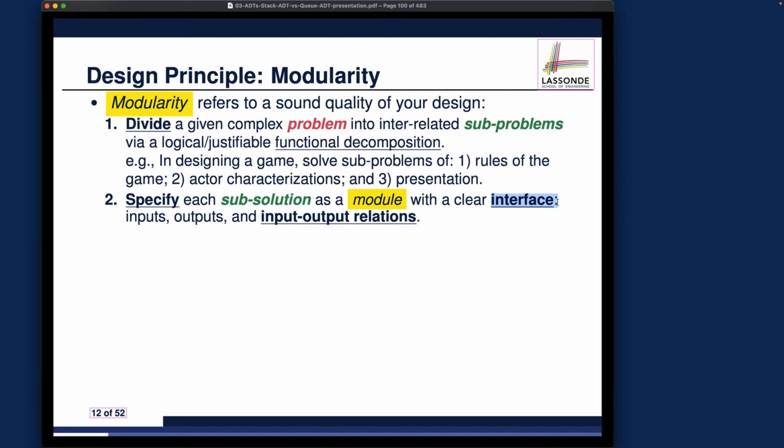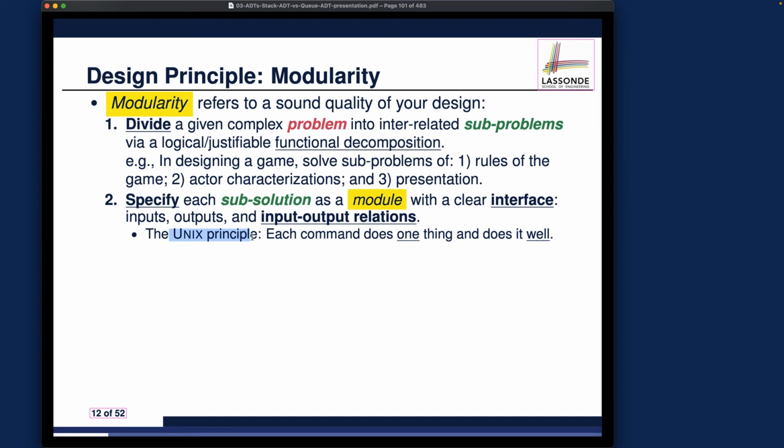A computational problem is well specified if you know exactly, number 1, what the inputs are, number 2, what the outputs are, number 3, what the relationship is between the input and output, right? So these are the 3 ingredients for a module to be well specified, just like how a problem can be well specified.